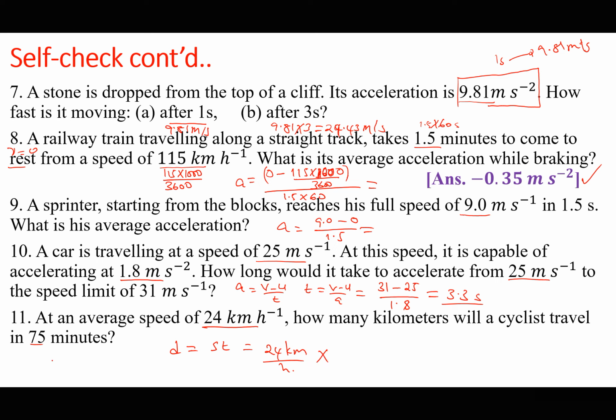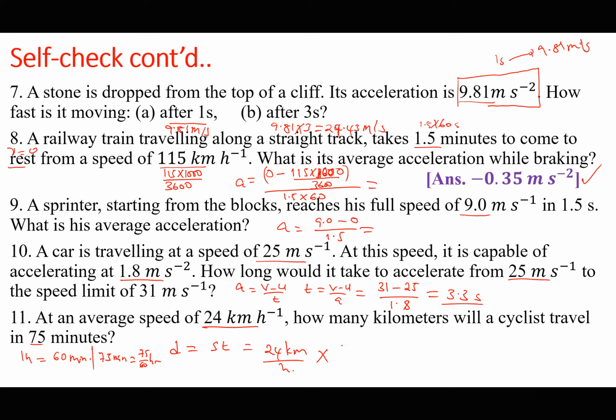Remember, 1 hour is 60 minutes. So it means 75 minutes is going to be equal to 75 divided by 60 hours.